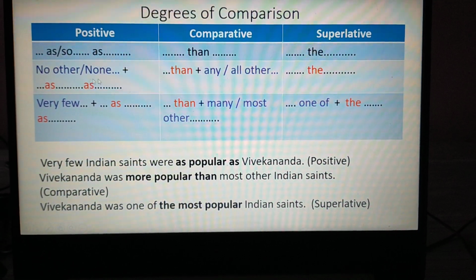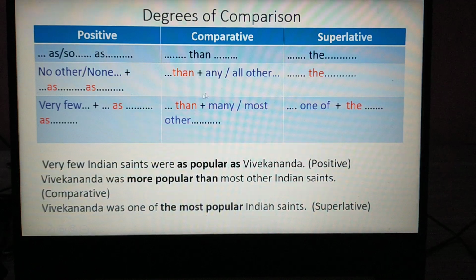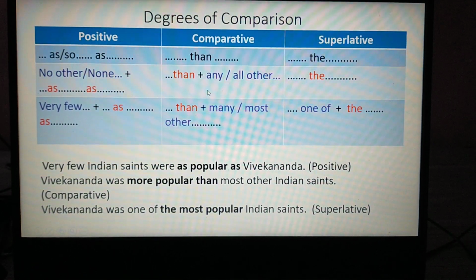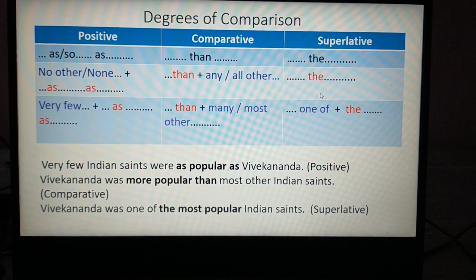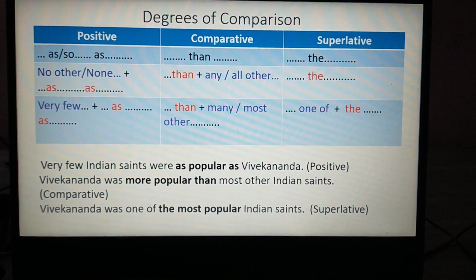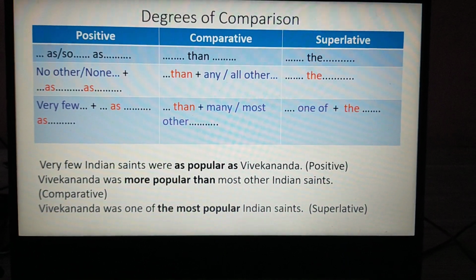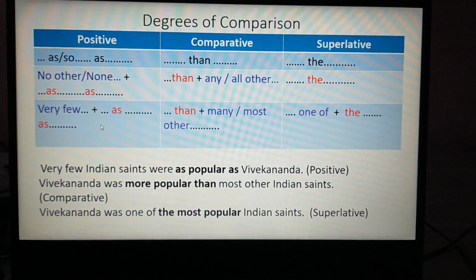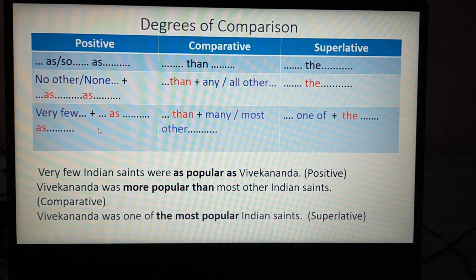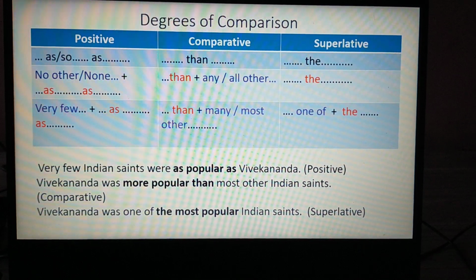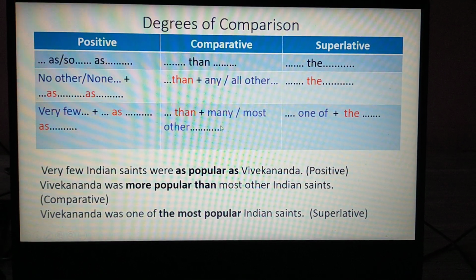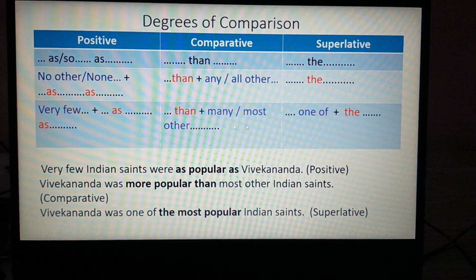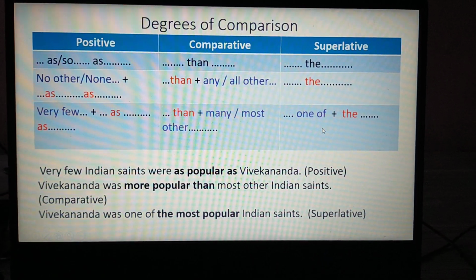We have no other, none for singular noun. With that, in the comparative we use any or all other, and in the superlative it's just the article the before the superlative degree. Very few when we have a plural noun. With very few in the comparative we use many or most other, and in the superlative it will be one of the.